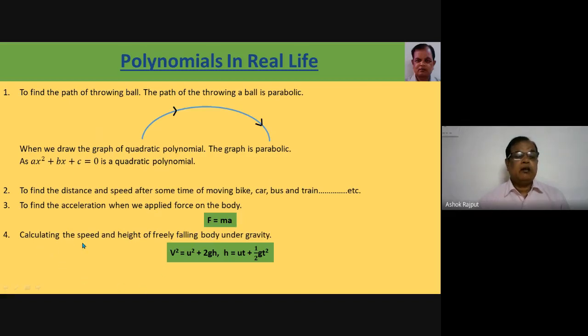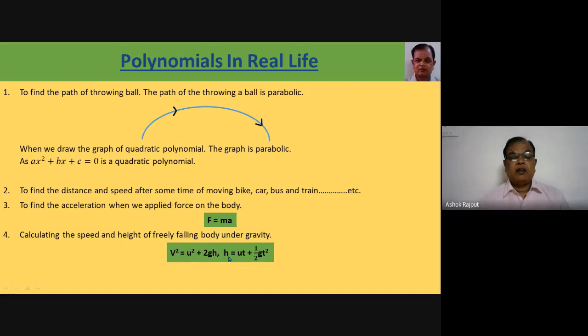Next, calculating the speed and height of a freely falling body under gravity. You will take help from these types of quadratic polynomials: v square equal to u square plus 2gh and h equal to ut plus half gt square. Here v is final velocity, u is initial velocity, g is gravity and h is height.